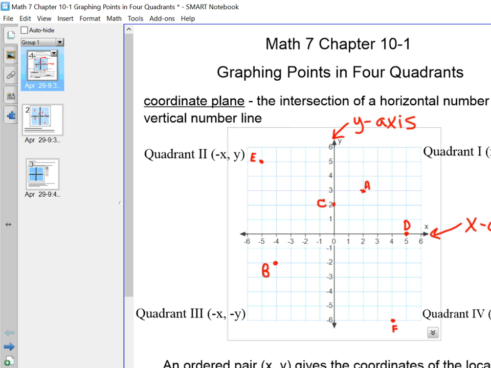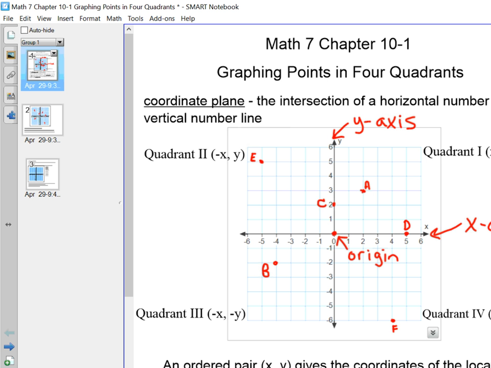They intersect at a point called 0, 0, which is known as the origin. It is the beginning place for whenever we are going to be graphing or looking at coordinates for points.